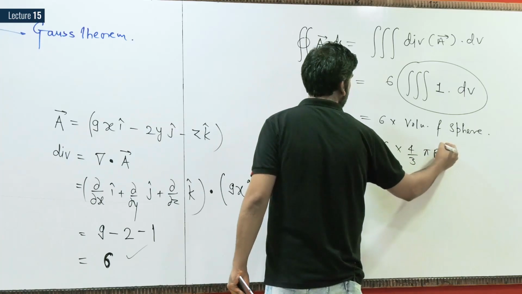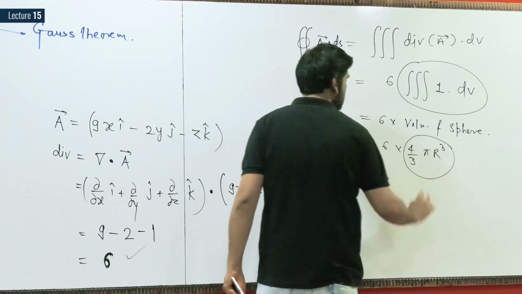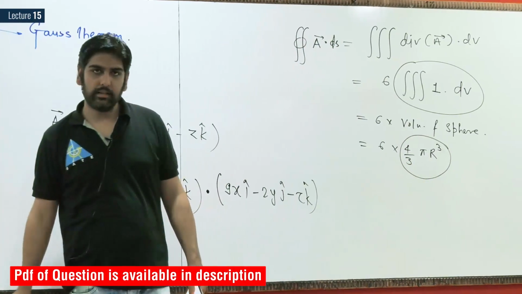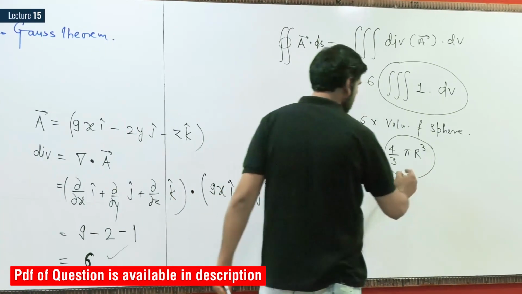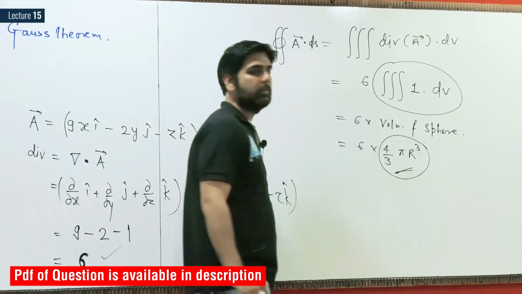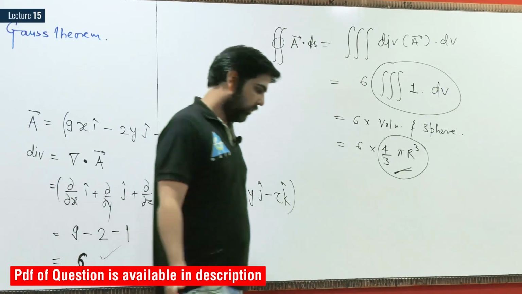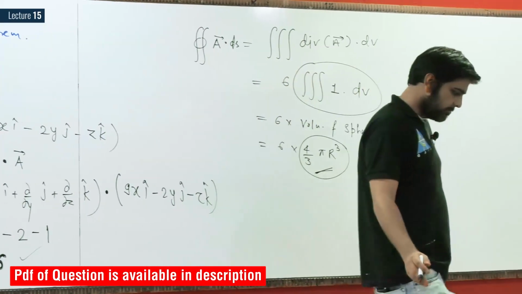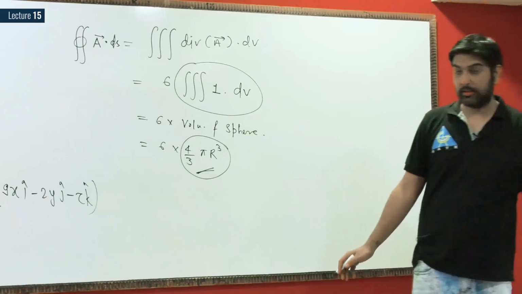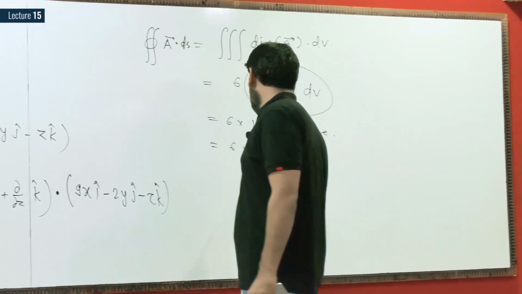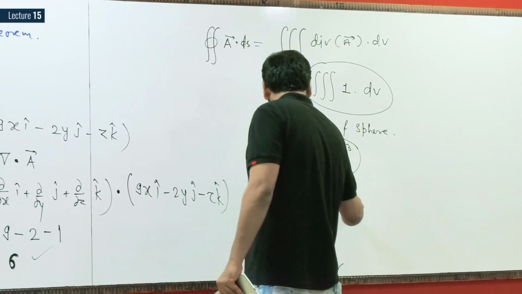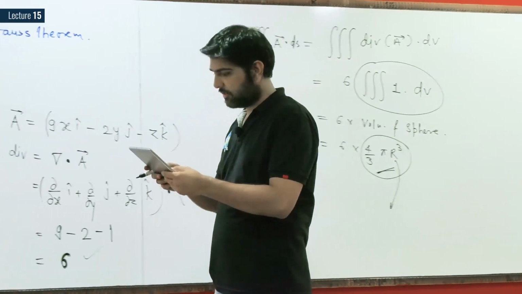This is the basic measurement thing, the basic class 9th, 10th thing you need to remember: the volume of a sphere, half a sphere, the volume of a cylinder, the volume of a cone, right? So this is nothing but our solution, and here the r. So what is the sphere?